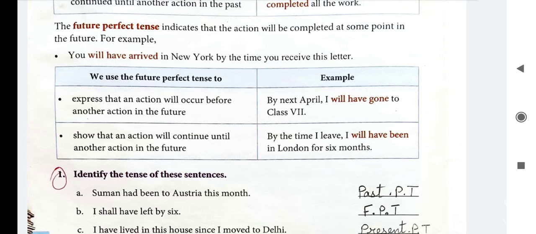Now let's see the future perfect tense. And in this future perfect, we will be using will have or will has. Okay? Will plus have plus past participle of that particular verb. Or will has plus been sometimes plus past participle of that verb.